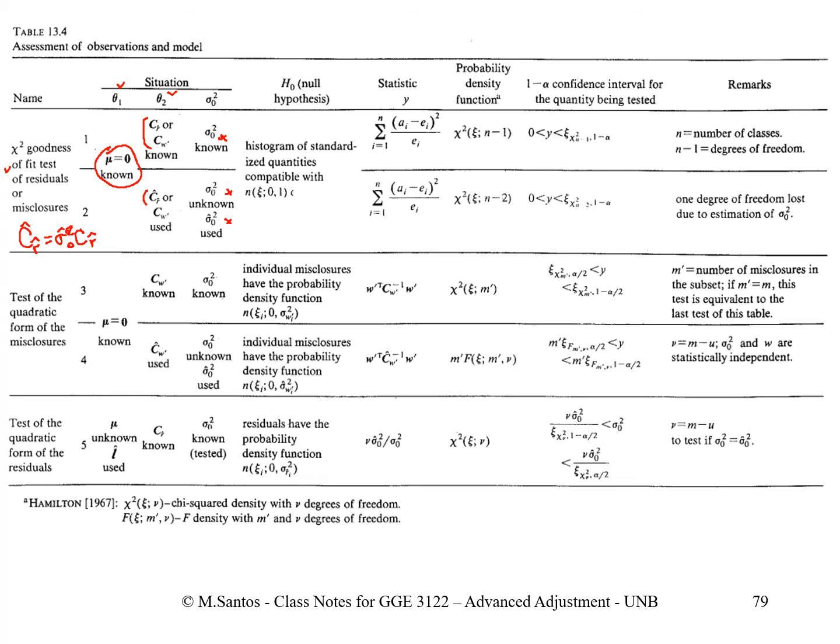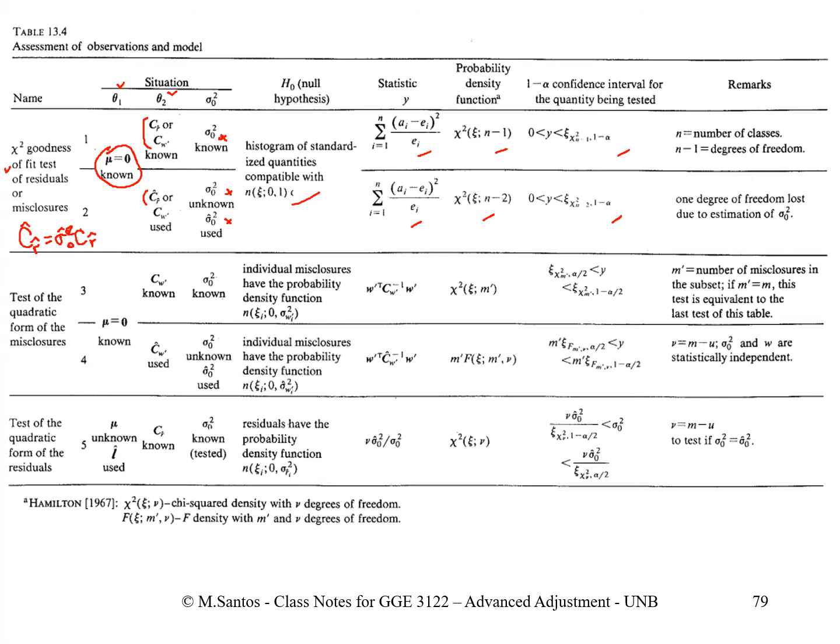The null hypothesis is a normal distribution. The statistic is the same. The PDF for the test is the same, and the test itself is the same.